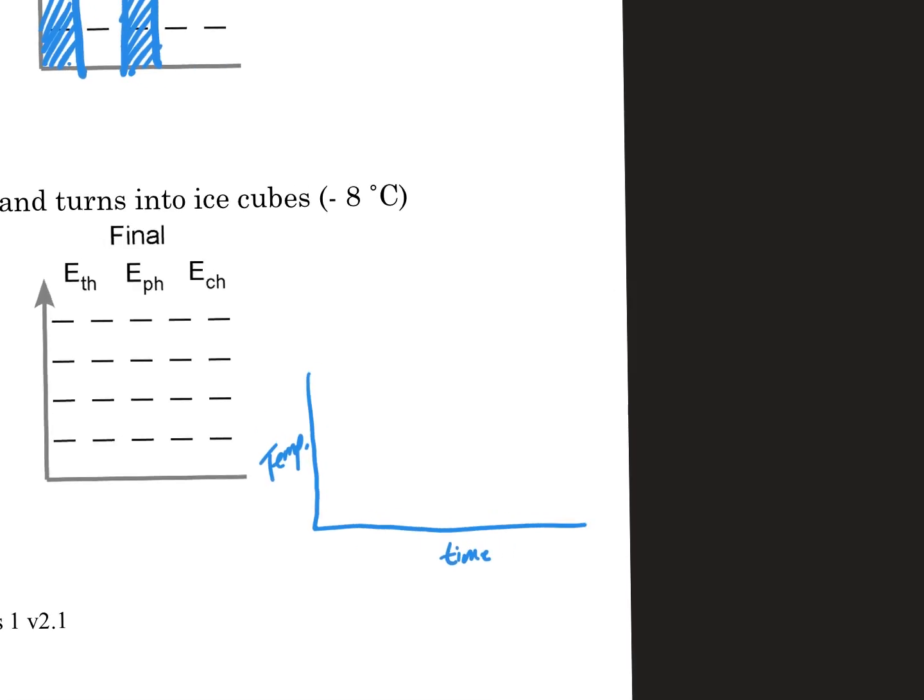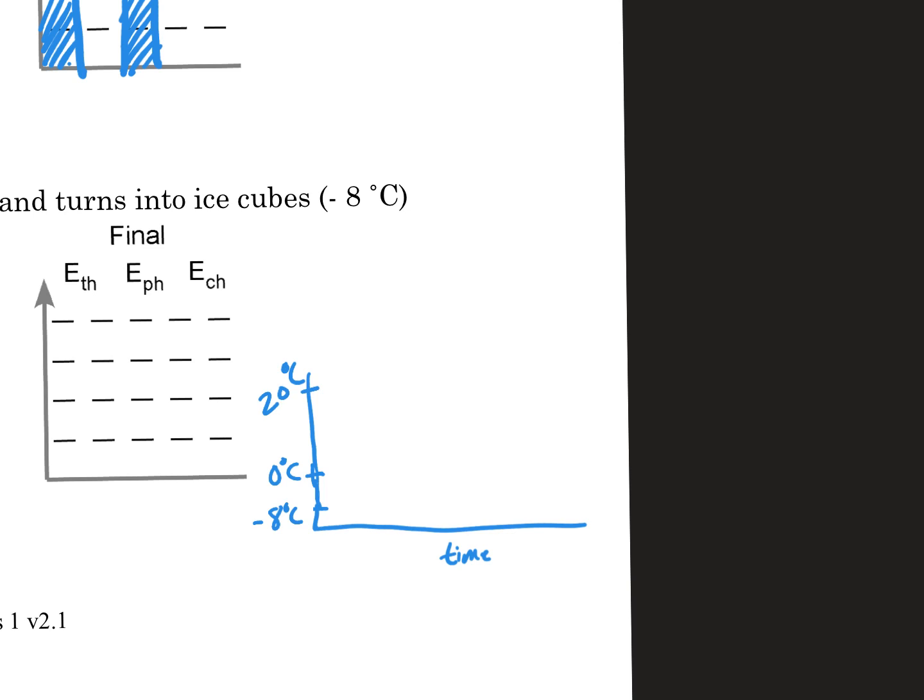So in my graph, I'm going to call this 0 degrees Celsius. Okay, I just fixed that a little bit. I've got minus 8 degrees Celsius, 0 degrees Celsius and 20 degrees Celsius.